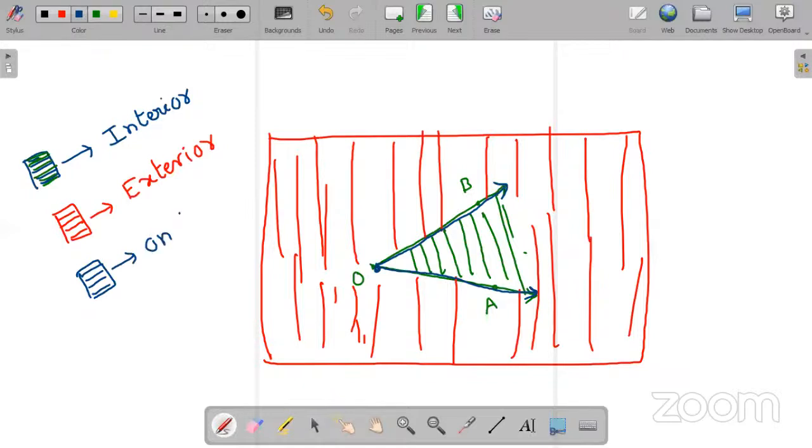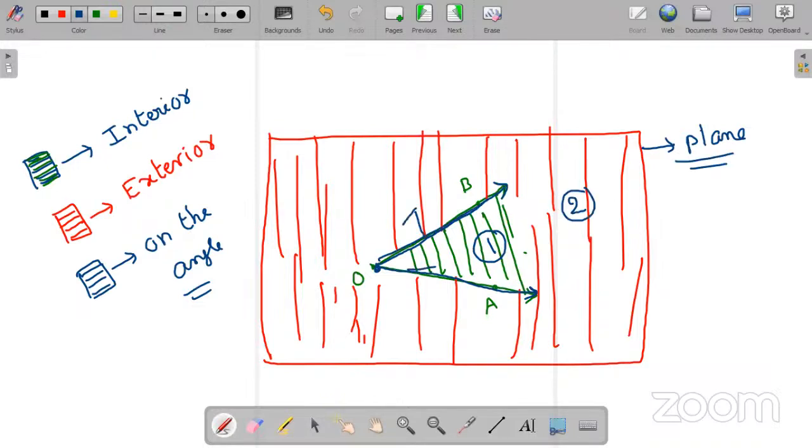The black portion is on the angle. This is a plane, so this angle divides the plane into three parts. This is the first part, this is the second part, and on the angle is the third part. Clear? Yes or no?